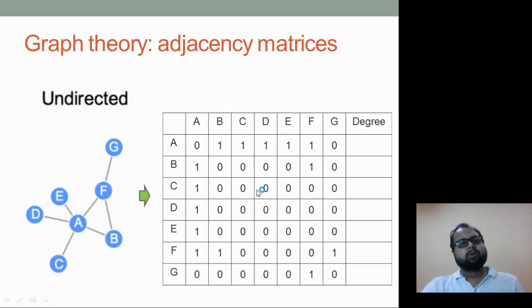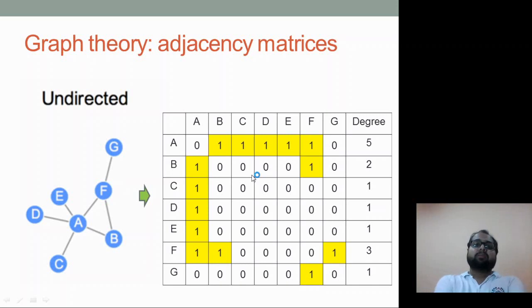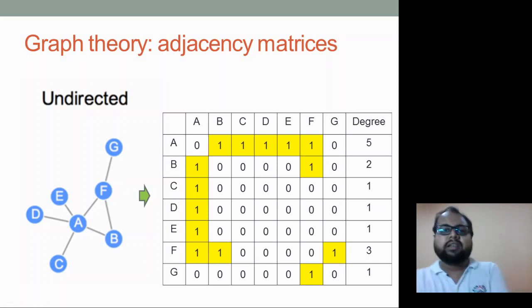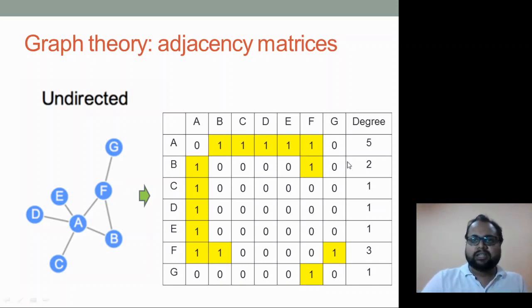Similarly you can do it for your C, D, E, F and G. You can populate the same matrix. And finally, how you calculate the degree is how many numerical values we have obtained in our edges. So for your undirected network, the degree for A is 5: 1, 2, 3, 4, 5. For B it is 2, 1 and 2.